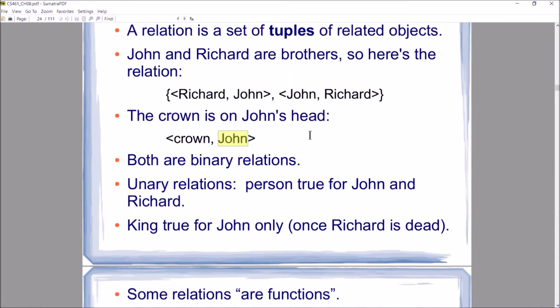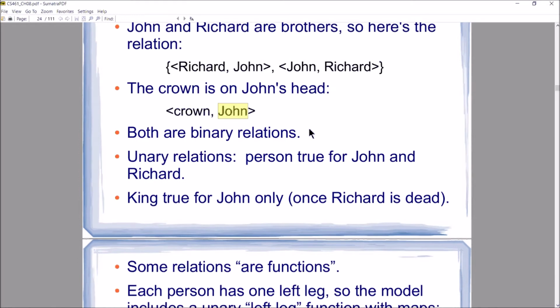All right, so now you have also unary relations. So an example of that would be, well, person. Okay, so person would be true for John and for Richard because John's a person, Richard is a person. Another way of thinking about unary relations is that they're properties, right?